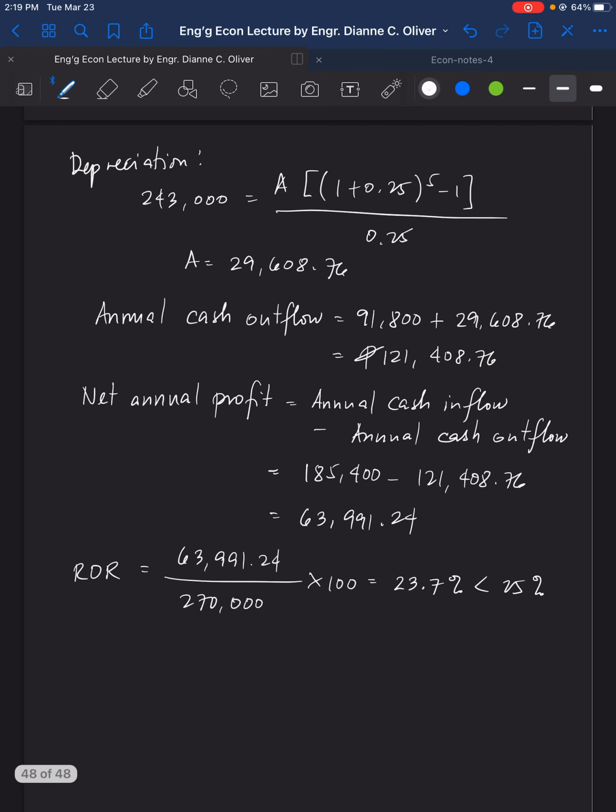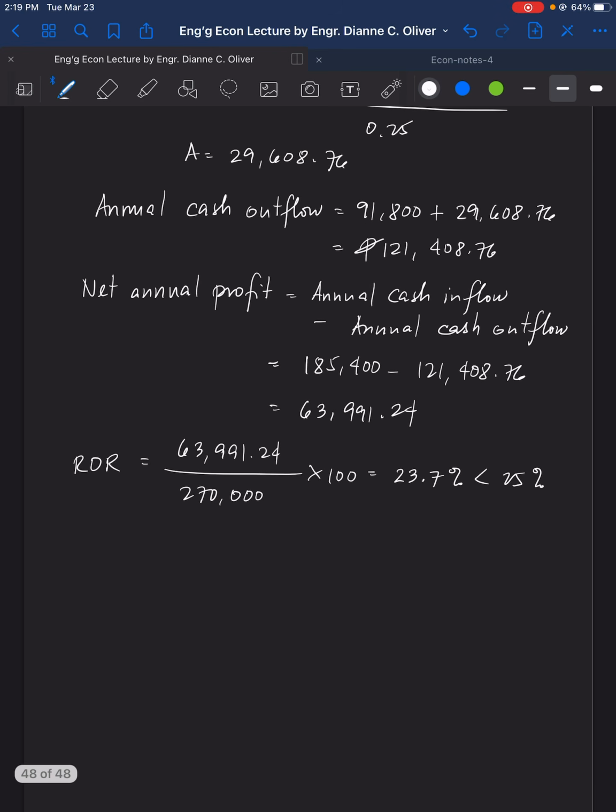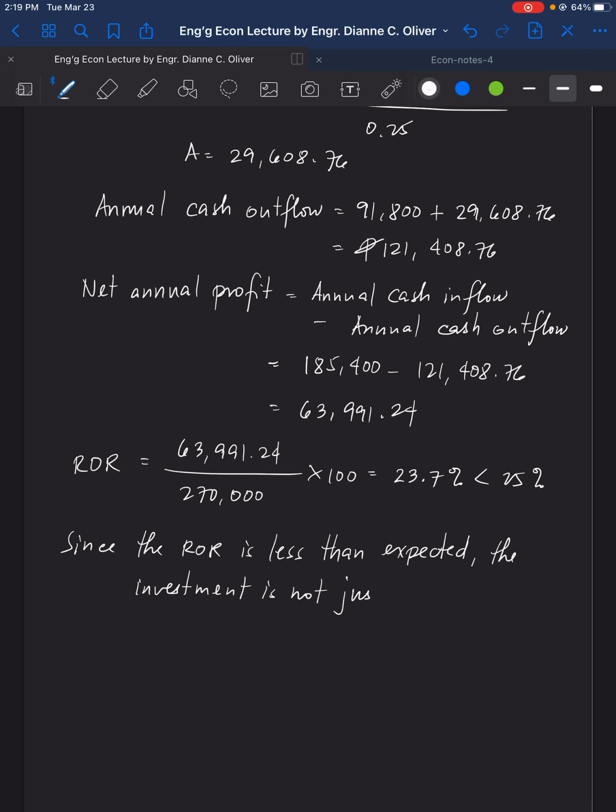So this is less than 25%. So is this justifiable? Since the ROR is less than expected, the investment is not justified.